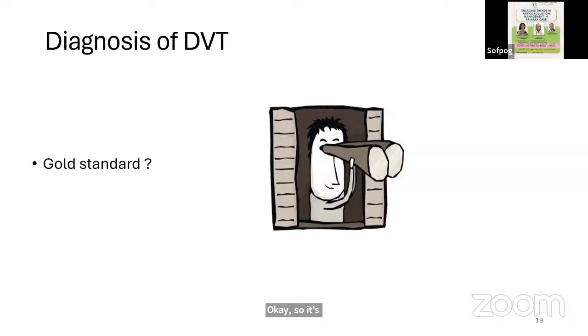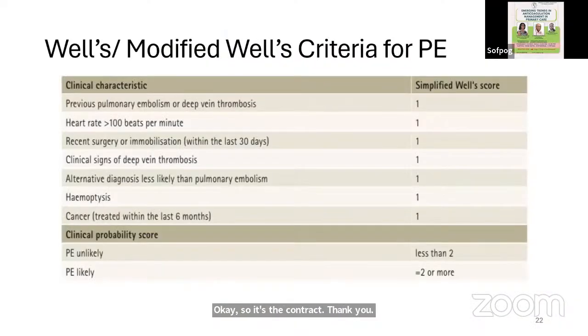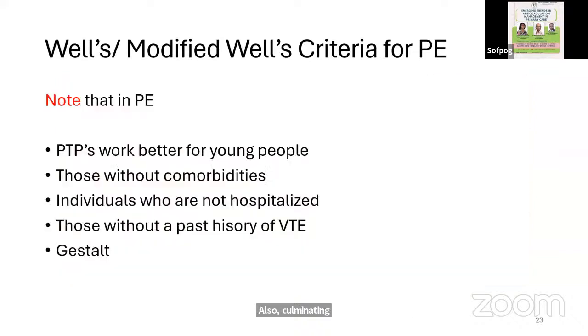It's hardly done because it's invasive, and a Doppler ultrasound can give you the information. So how about the PE? We also know the components of the modified Wells score, and it tells us that PE is likely or it's not likely. And just a caution that these pre-test probability scores work better for young people.